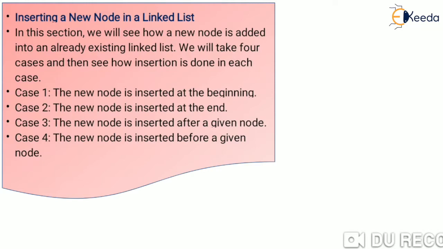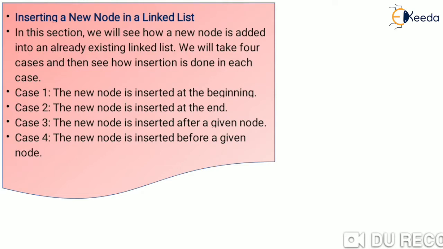Means we already have one linked list containing 4 to 5 elements. Here, to understand the concept, we are considering fewer than 10 elements. We will take up 4 cases and then see how insertion is done in each case.